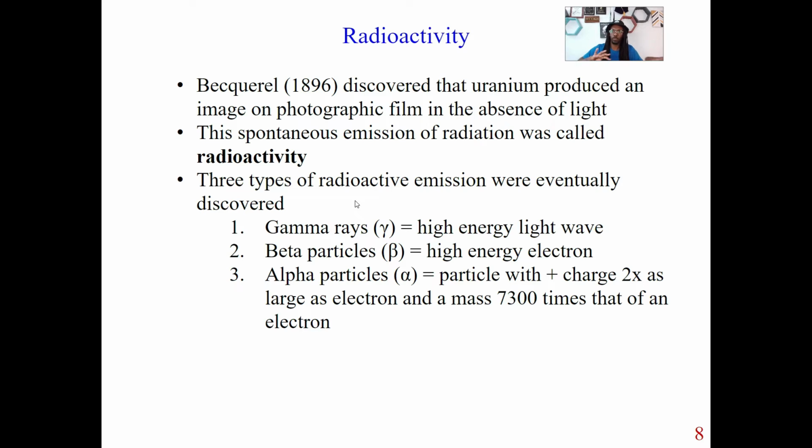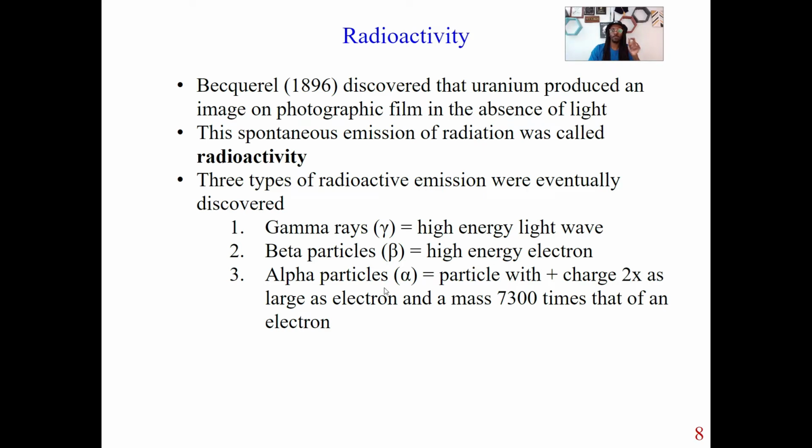Now, we can talk about radioactivity at a later time. I just want to highlight three things about it: the types of emissions. We have gamma rays, which are a high energy light wave. We have beta particles, which are a high energy electron.